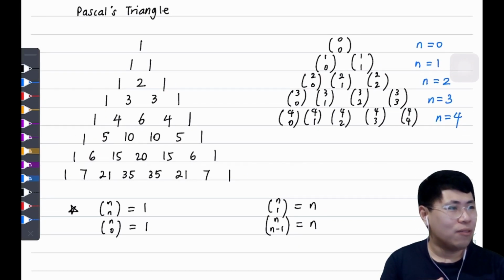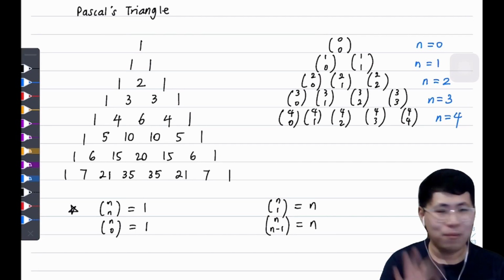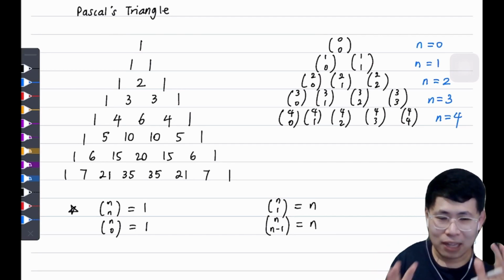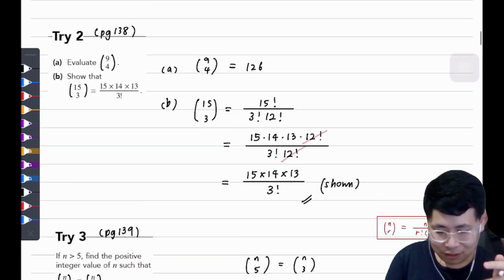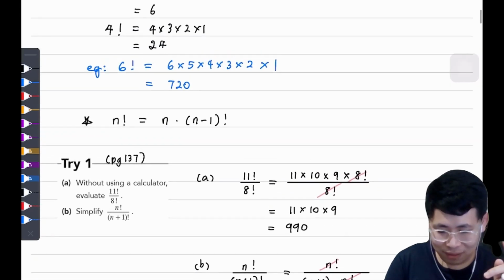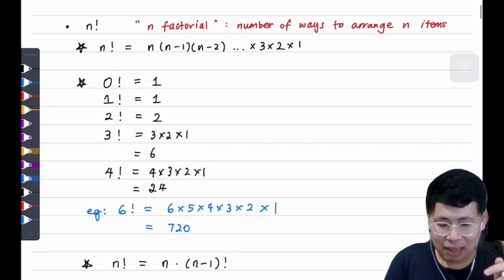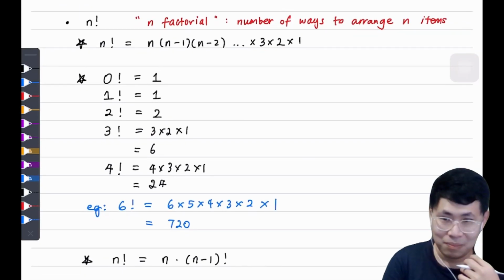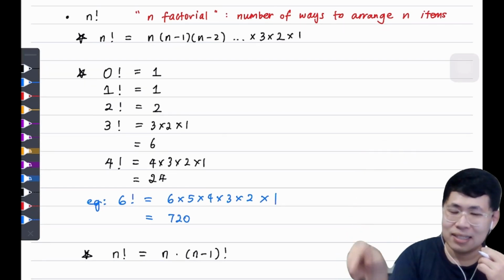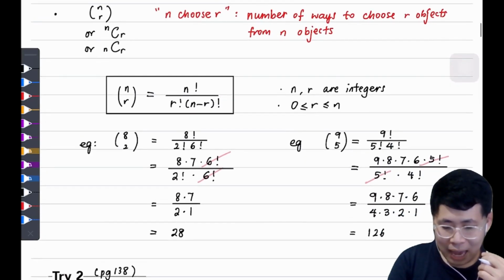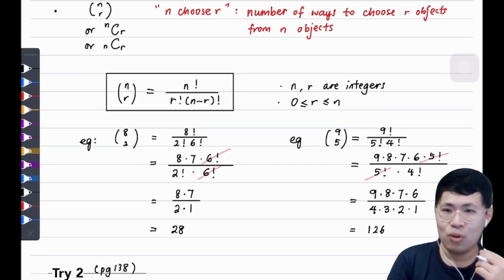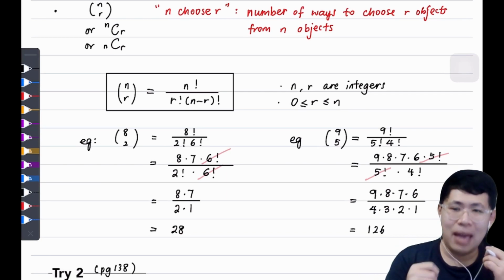So I think we will stop here for now. Let's recap a little bit. For the first part of the video, we talked about the factorial notation, which means the number of ways to arrange n items. Then we talked about the n choose r notation, the number of ways to choose r objects from n objects.